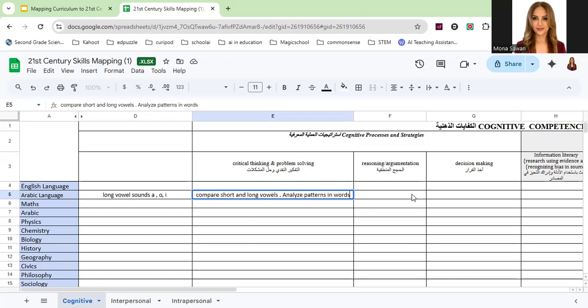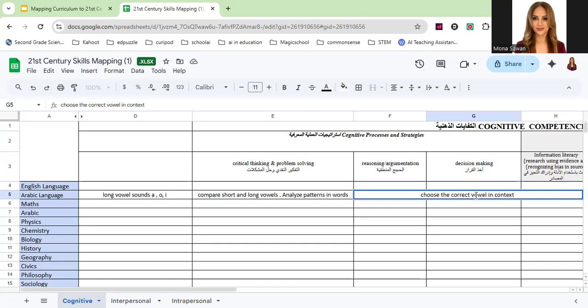Let's move to another skill, which is reasoning and argumentation. Explain why a vowel is long. Let's move to another skill, decision making. Choose correct vowel in context. So here I selected 4 thinking skills: analysis, comparison, reasoning, and decision making.